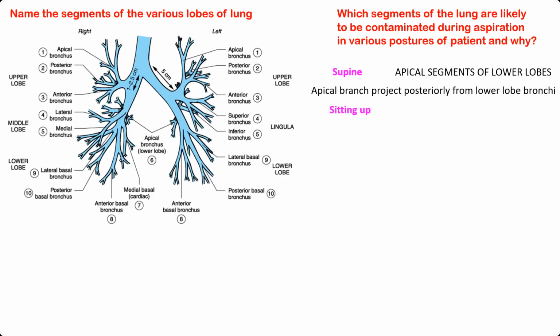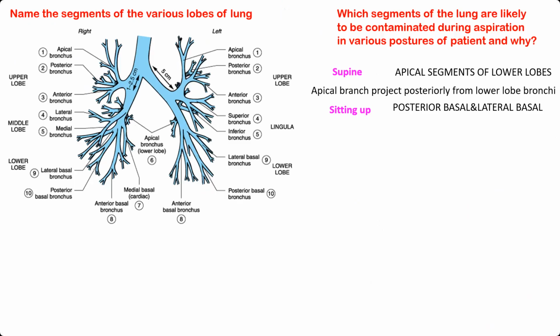In the sitting position, just looking at the picture, can you make a guess, even if you are not aware of what is actually happening? Right. It is the posterior basal and lateral basal. This is the lateral basal and this is the posterior basal segment.